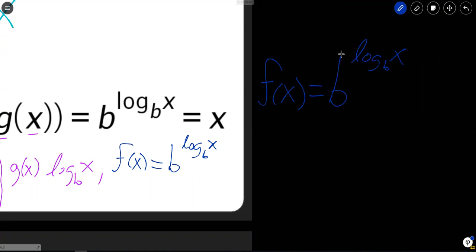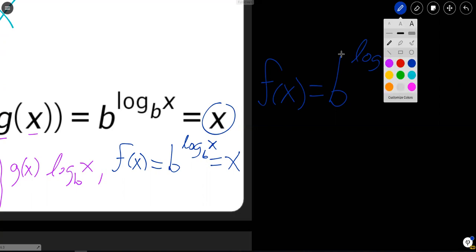Okay. So again, we're trying to figure out what this is going to be. According to our notes here, it shows that it's going to be equal to x. But we want to show how it cancels out. So again, I'm going to look at powers of 2.